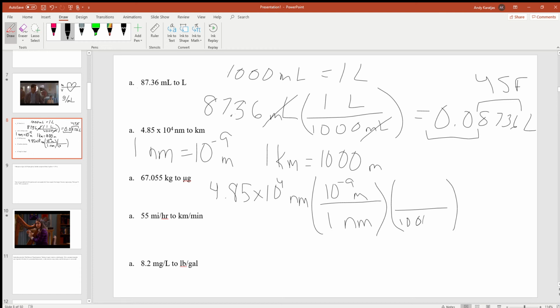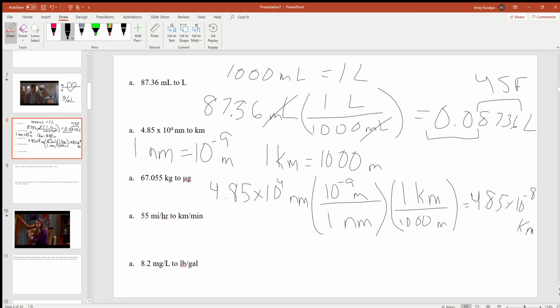Meters on the bottom, kilometers on top, and we find that our 4.85 times 10 to the 4th nanometers converts to 4.85 times 10 to the minus 8 kilometers.